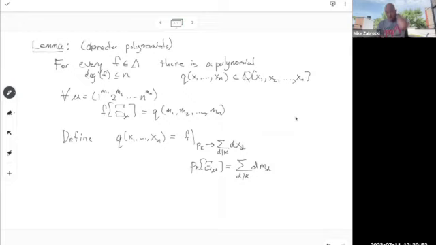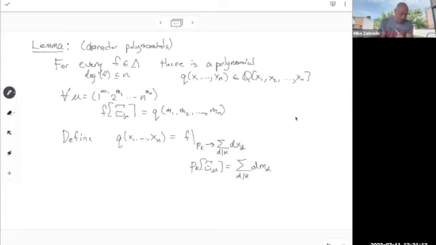But the great thing about this connection is that if you have a character polynomial, you can also go back to the symmetric function. And the way you do that is you apply Mobius inversion, because I have done the substitution, pk goes to the sum of d divides k of d xd.